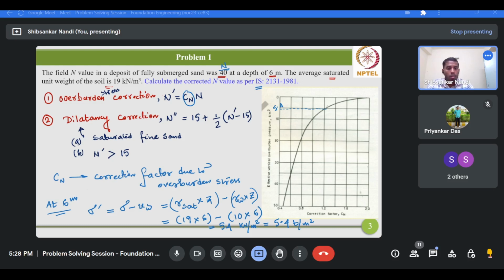Accordingly, you can take this correction factor Cn as 1.2. I am erasing this part. So you can take this as the correction factor.